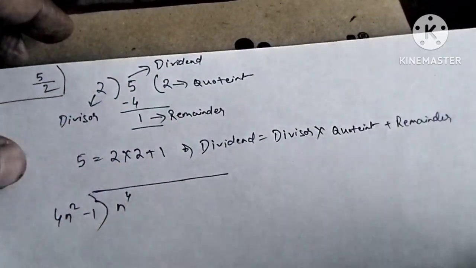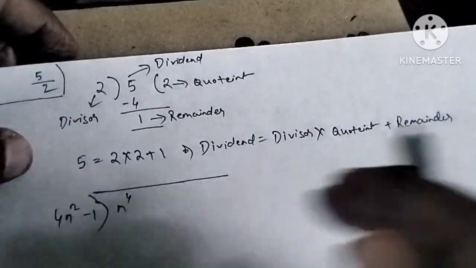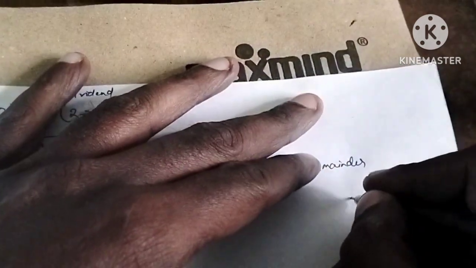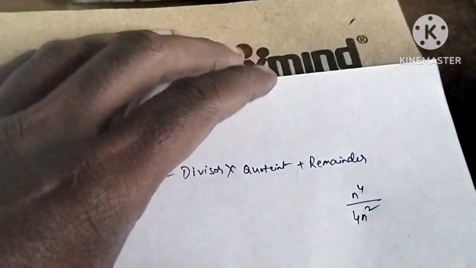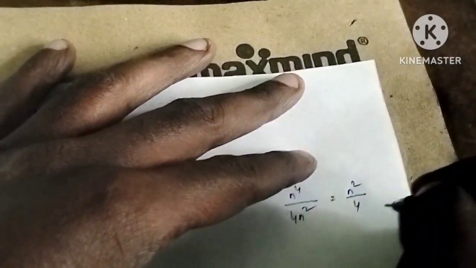At first we have to divide n to the power 4 by the first term of the divisor. If you divide n to the power 4 by 4n square, what will be the answer? It will be n square by 4.